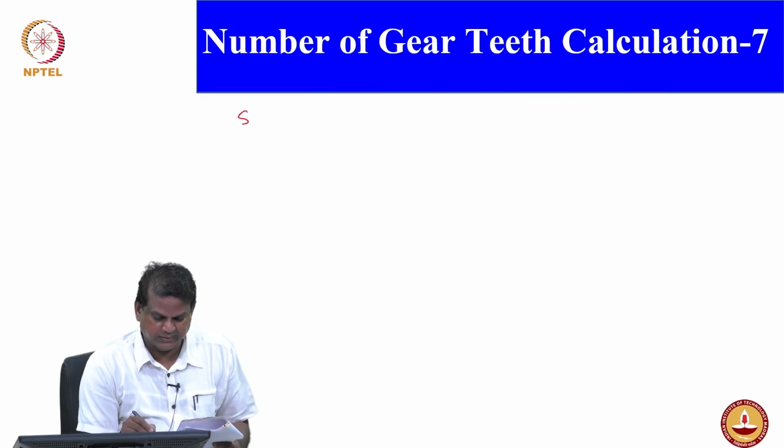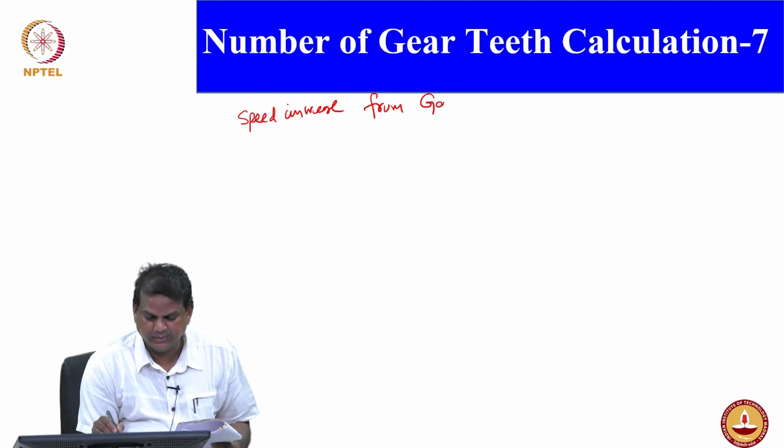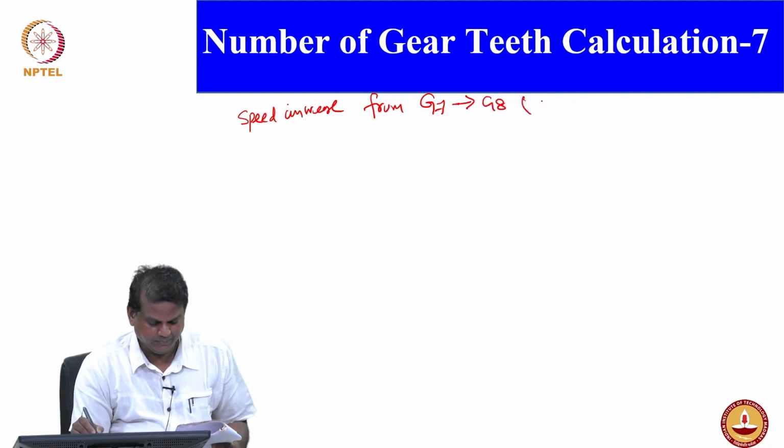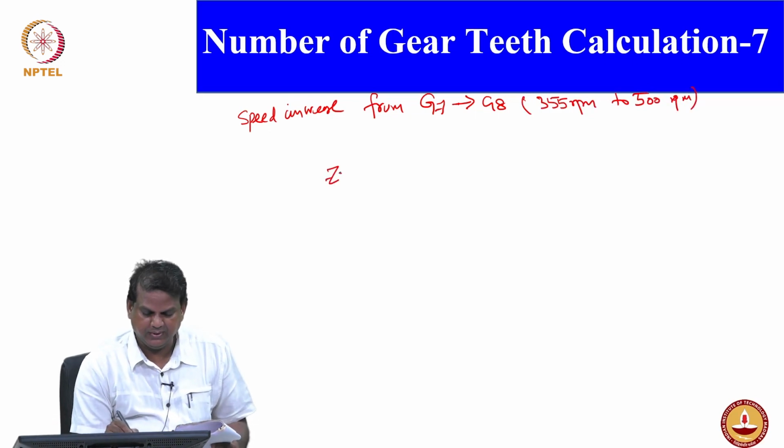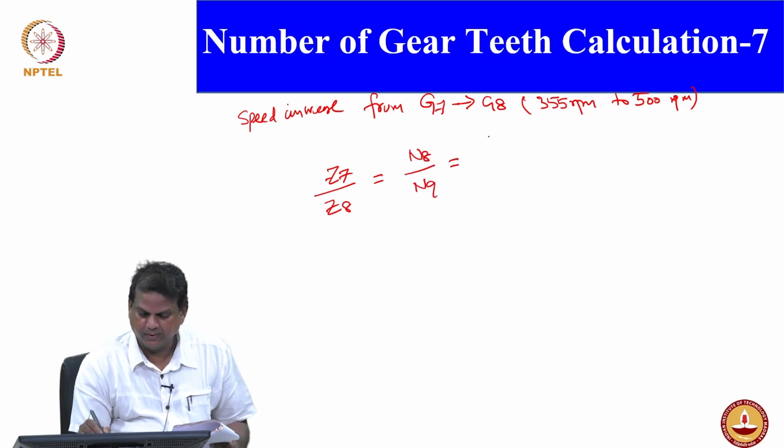Now we will talk about the next one, speed increase, from gear 7 to gear 8, from 355 rpm to 500 rpm. That's clearly given. So Z7 divided by Z8 equals N8 by N7, 500 by 355.